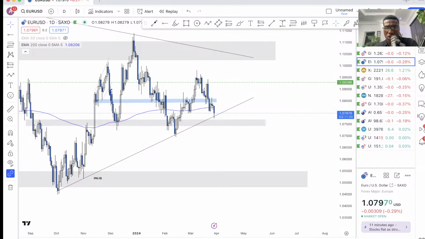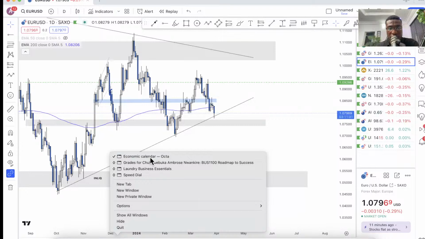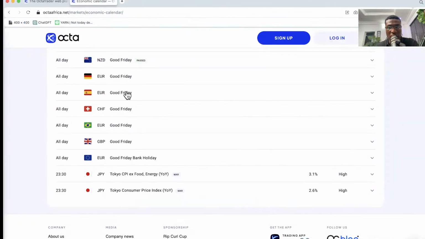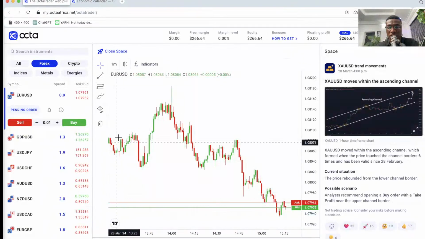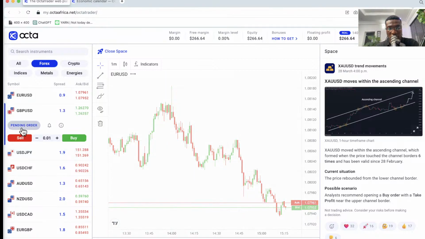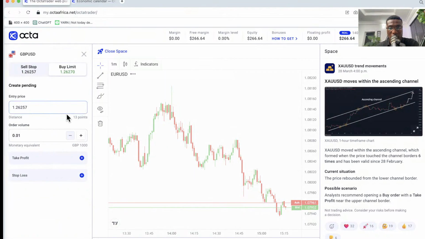So one thing you can do is to take advantage of the Octa pending orders that we have here. So if you look here, you can see Euro USD, GBP USD. You can click on pending order and put in the value or the price that you have on your chart where you've done your analysis.